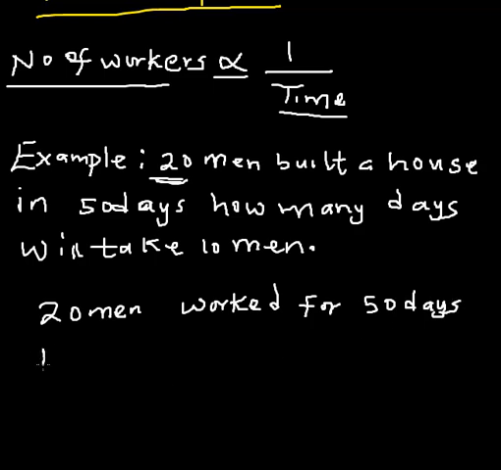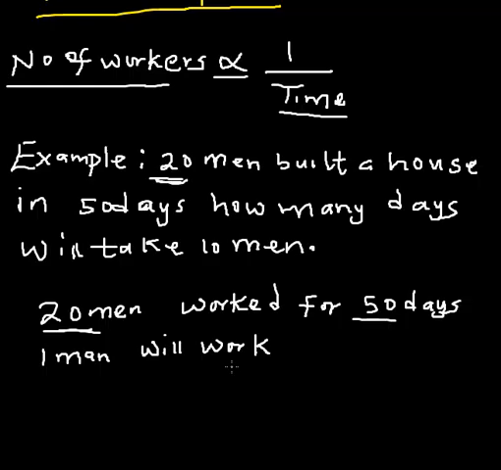The very first thing I'm going to find is how many days it will take 1 man to work. Of course, since we are dealing with inverse proportion, if 20 men work for 50 days, then a man will work for more.